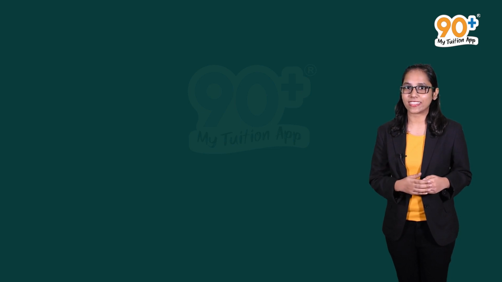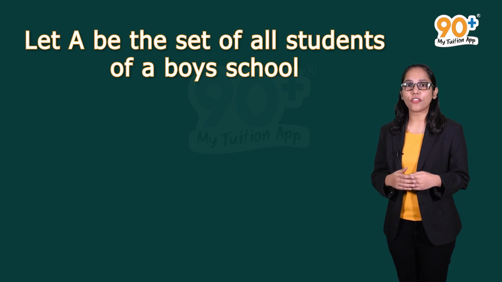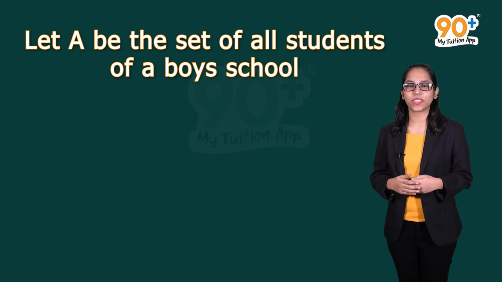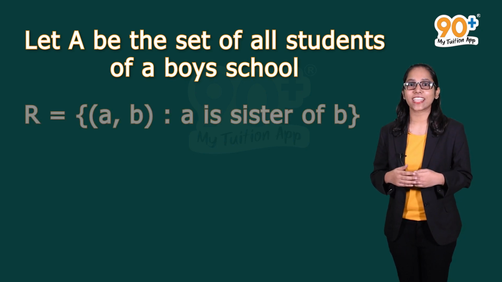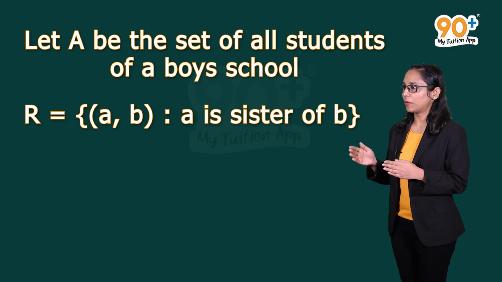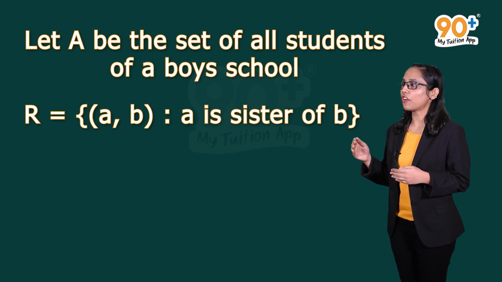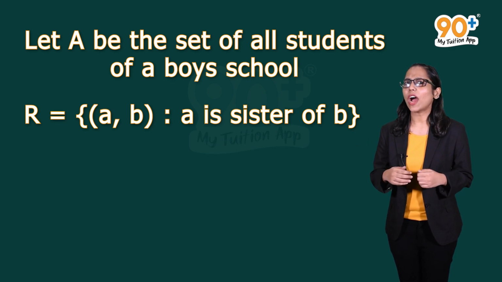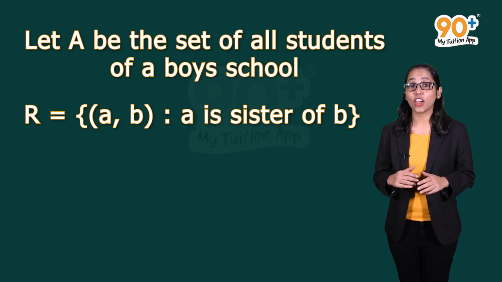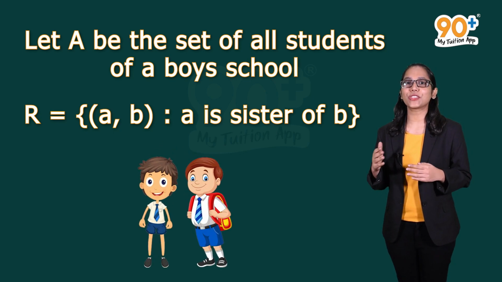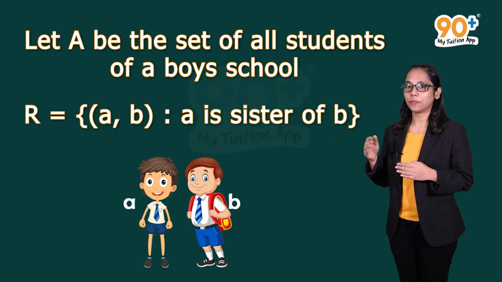So, our first question is, let A be the set of all students of a boys' school, and relation R is defined as the set of ordered pairs (a, b) such that a is sister of b. So, how do we solve this problem? For that, let's consider two students, a and b.